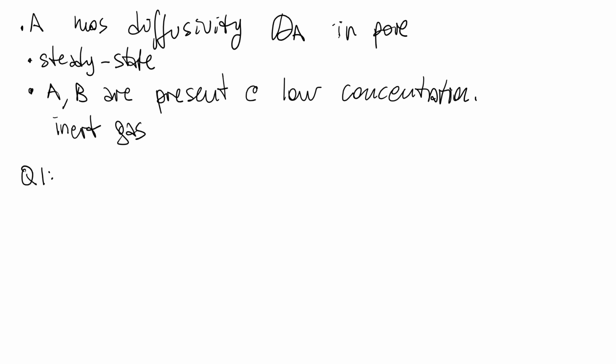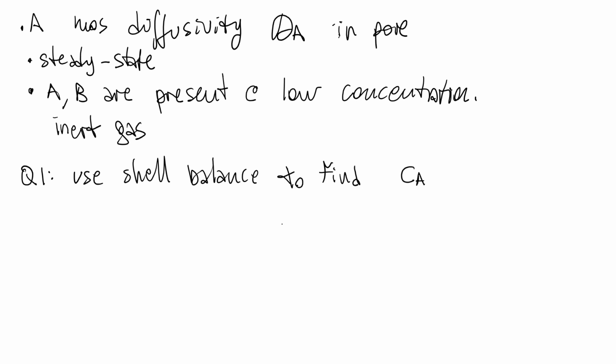We need to use shell balance to find how the concentration of A varies as a function of Z. It's a cylinder. So the first question is, is this a two-dimensional problem? Is this a one-dimensional problem? Well, the natural answer would be, okay, I would use cylindrical coordinates, so with Z and R, and it would be a two-dimensional problem.